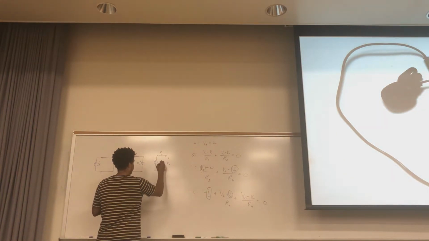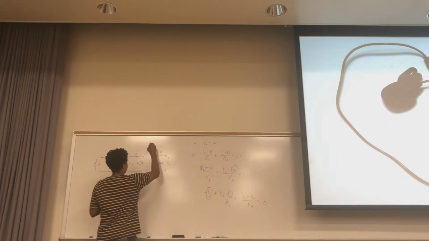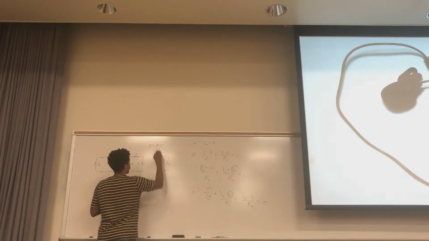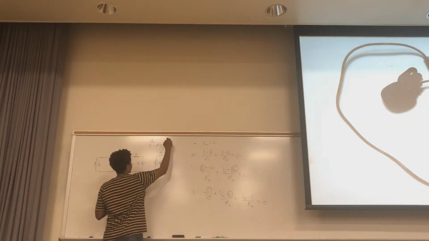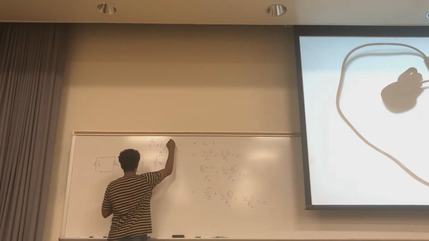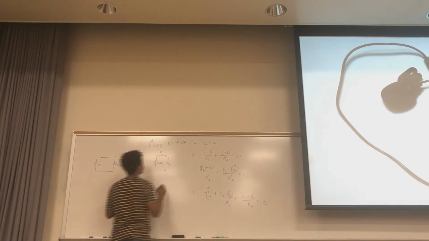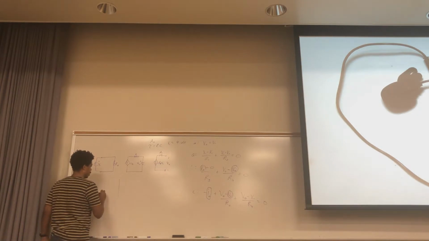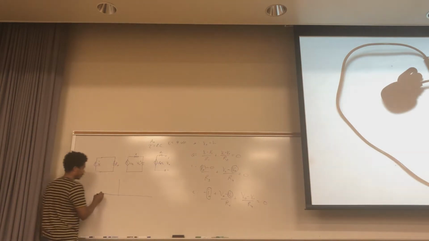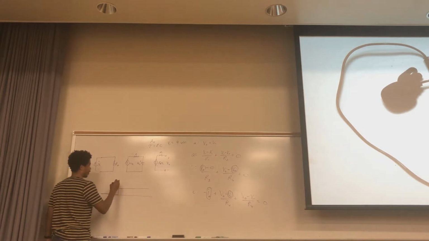We were given this, and this, and this right here, which was 4 U of t. What this means, of course, is that it was 0 for a very long time, and then all of a sudden, at t equals 0, it jumped up to 4 volts and stayed there.